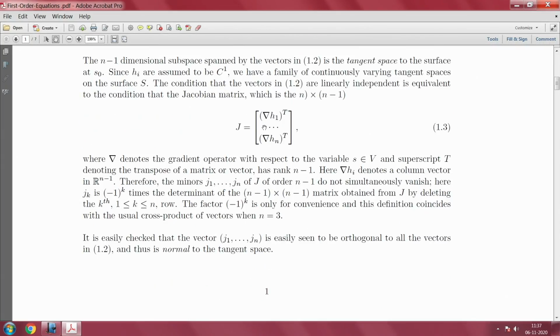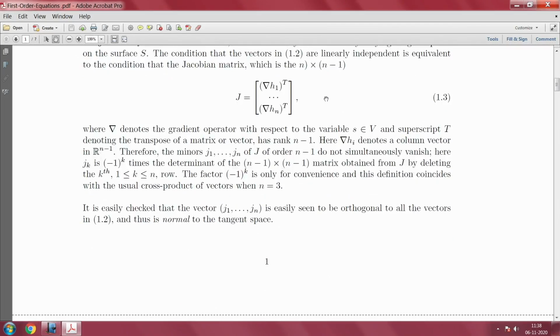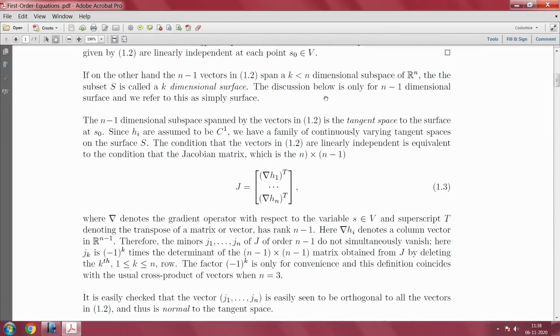So, you form this matrix which is n by n minus 1, and from linear algebra we see that the rank, because it is a rectangular matrix, is at most n minus 1. The rank is n minus 1 if the n minus 1 rows are linearly independent or n minus 1 columns are linearly independent, and that we connect to the determinant, the minors.